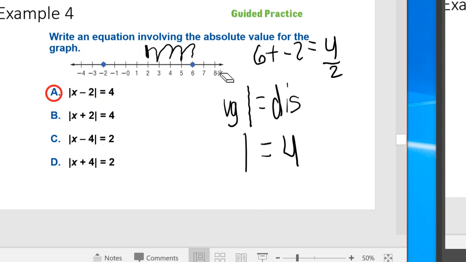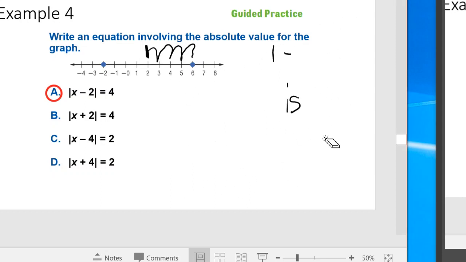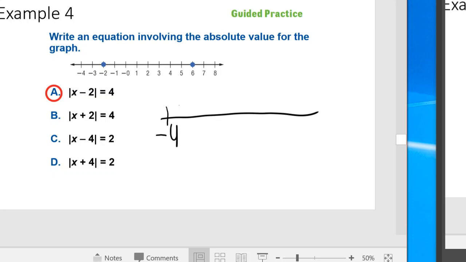I'm going to draw this number line on this online piece as well. I have a new number line, negative 4 to 0, and I'm going to connect these. I have negative 3, negative 2, negative 1 in the middle.